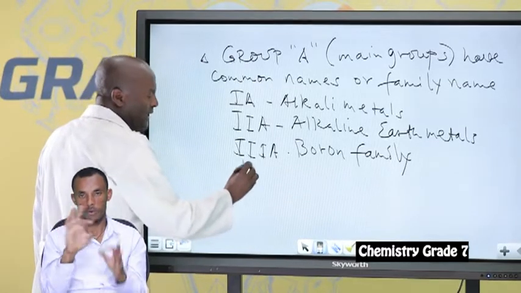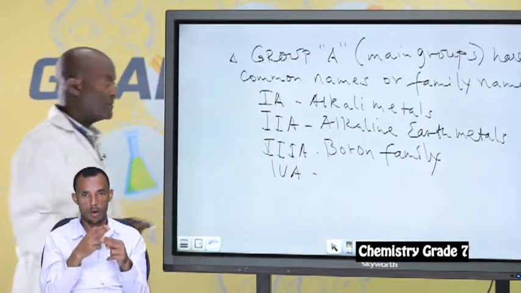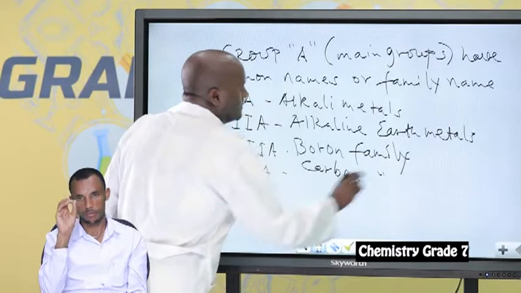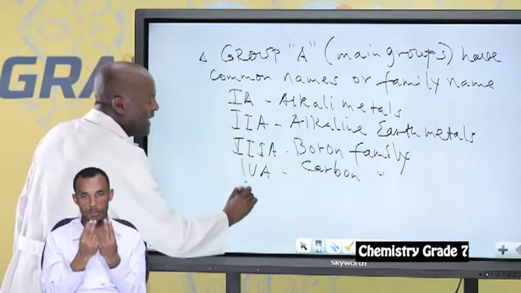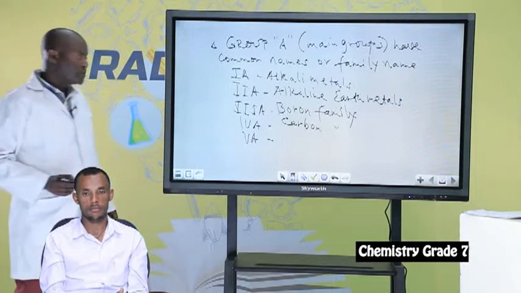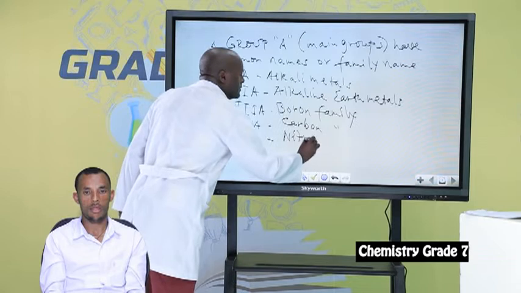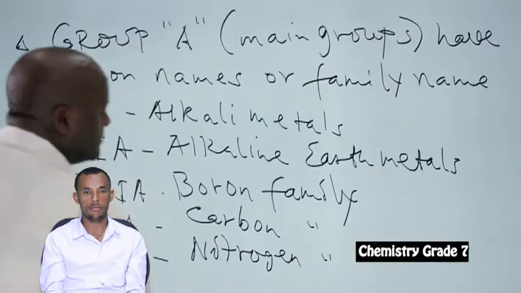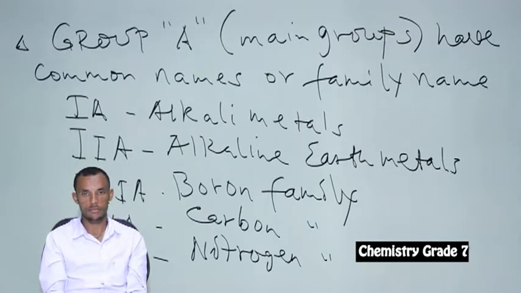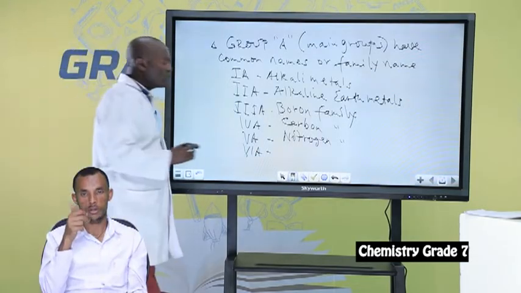Group 4A are called the carbon family. Group 5A, the nitrogen family. Group 6A are called chalcogens or the oxygen family.